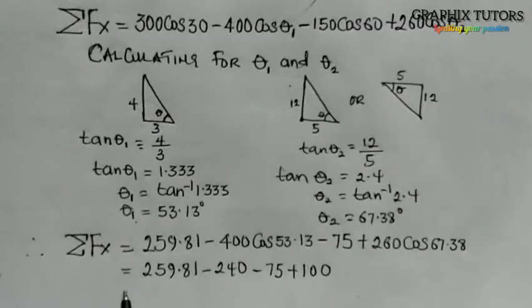So if you input your values, 259.81 minus 240 minus 75 plus 100, that will give us 44.81 Newton.